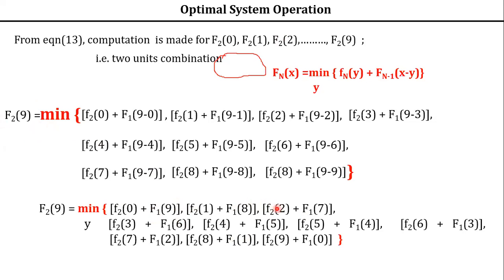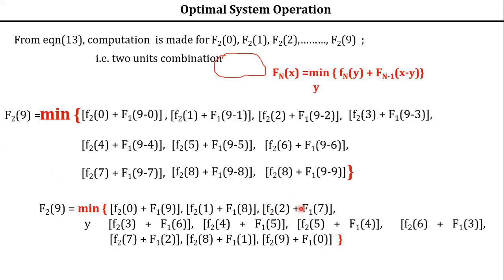Yes, the third combination. So from this F2 of 9, where we got the minimum value is the third combination. That is F2 of 2 plus F1 of 7 is equal to 239.45. Let us go to that slide.